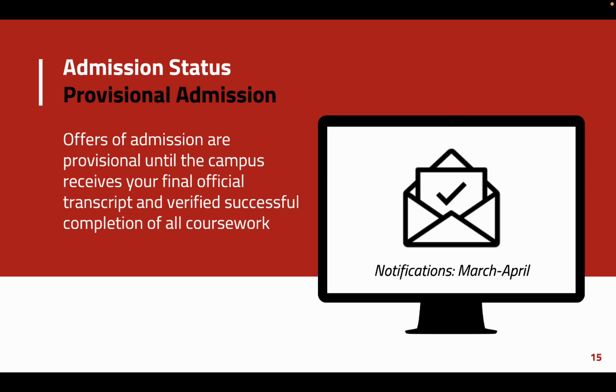So everyone who's admitted is initially either provisionally or conditionally admitted until they basically prove that everything you said on your application is true and that you've also completed that final semester of classes in spring to reach your 60 units, your minimum coursework, Golden 4, etc. And again, as mentioned in the dates and deadlines, you'll begin to hear back in terms of notifications about admission status in March through April, and it just varies by campus.